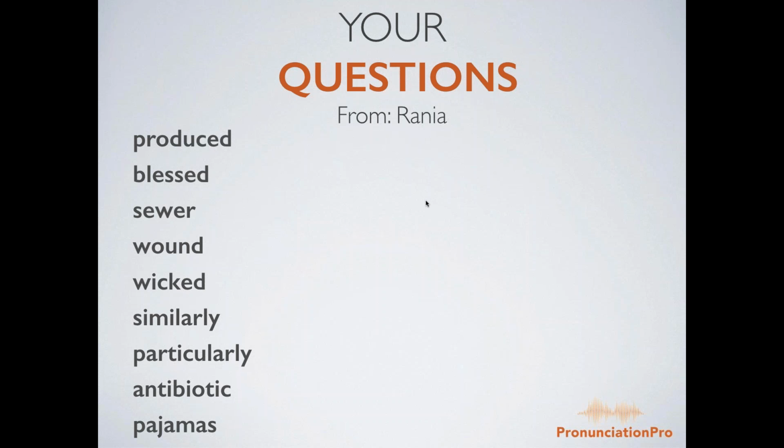You had questions about the heteronym words, words that have the same spelling but different stress or different pronunciation depending on whether it's a noun, verb, adjective, all of that, right? Okay, let's go through some of the examples that you gave. Produced is the verb. Say that for me. Produced. Good.